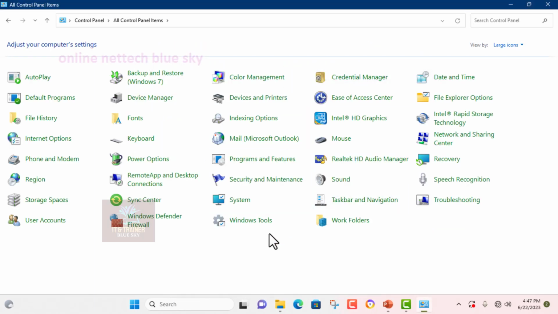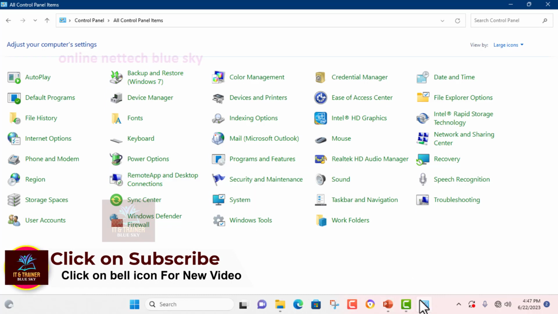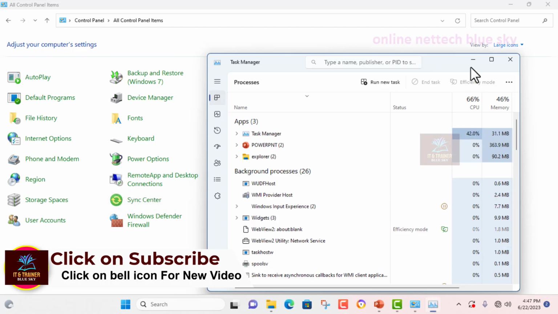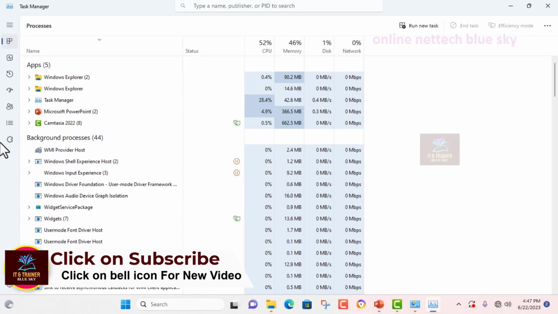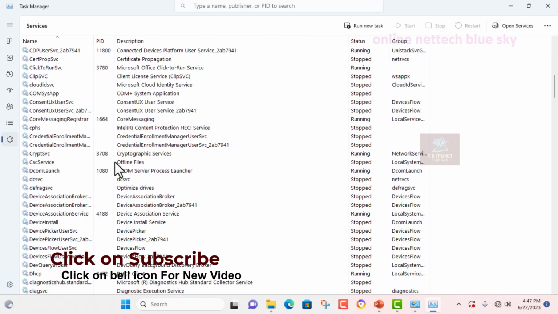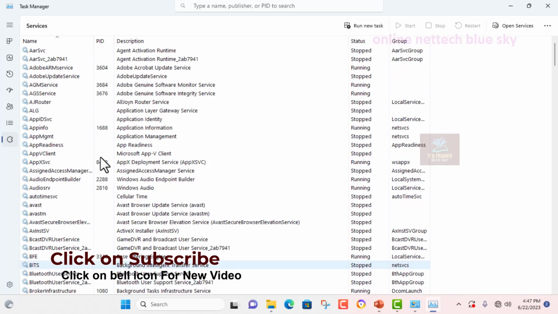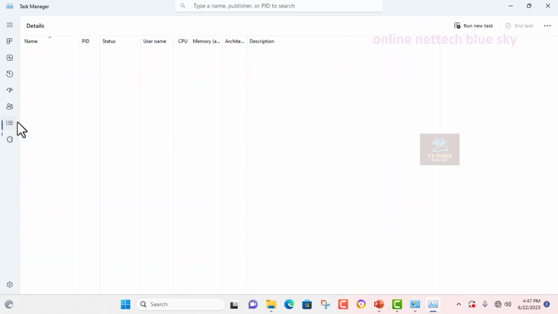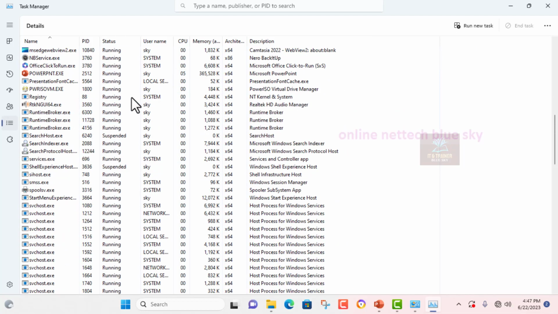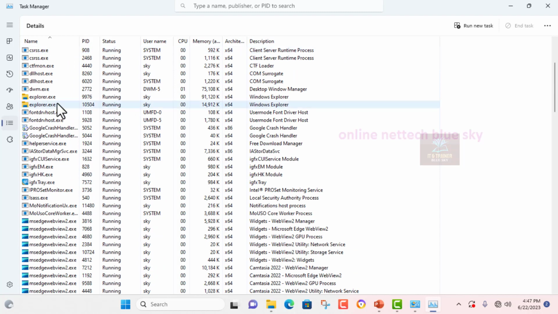You can see the services here and the process ID, showing everything in my computer, everything related to the system side.